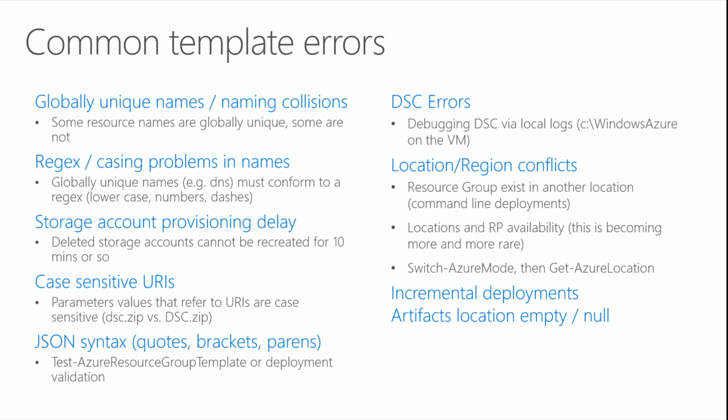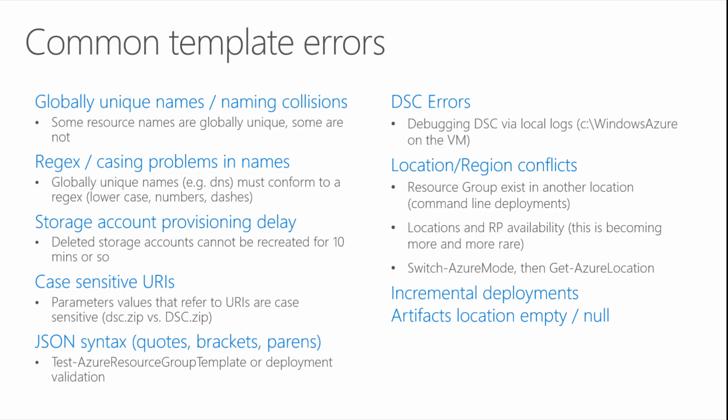Case-sensitive URIs, so you just have to watch out for that when parameter values refer to URIs that are case-sensitive. Your JSON syntax, again, for quotes, brackets, parens, but that's a beauty about using Visual Studio because it will highlight those with a red squiggly line.